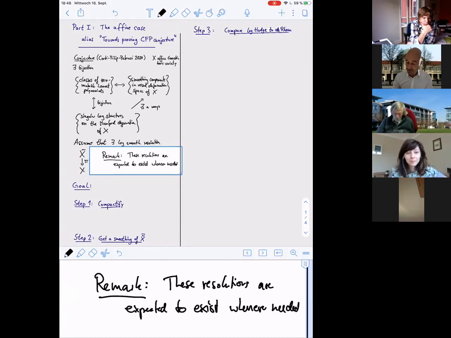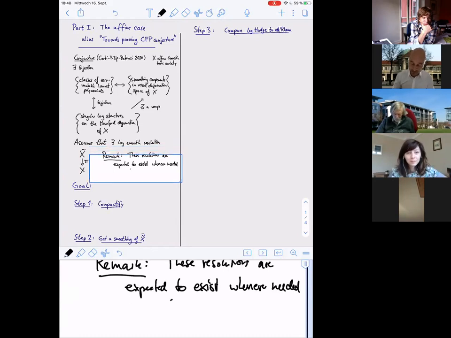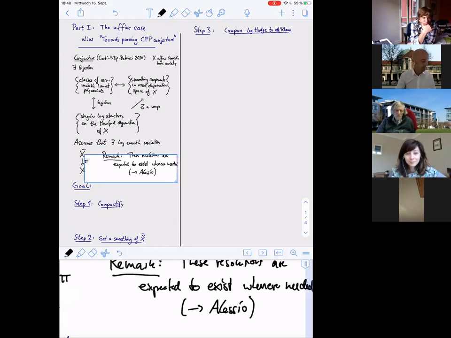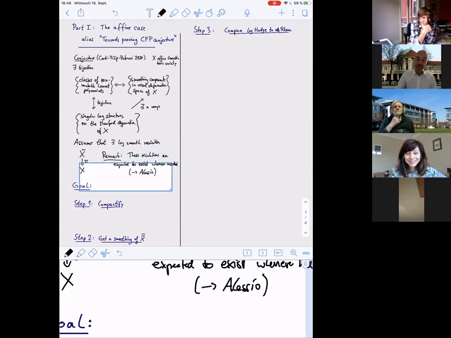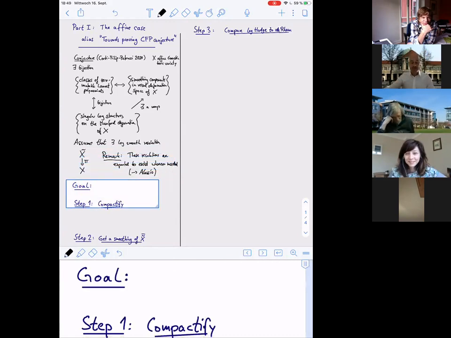If you want to know why, then the host is the person to ask. So I put Alessio here. All the questions on that point go to Alessio, all right? So that's the assumption. We assume we have a log smooth resolution locally. The goal is then to produce a smoothing of X.